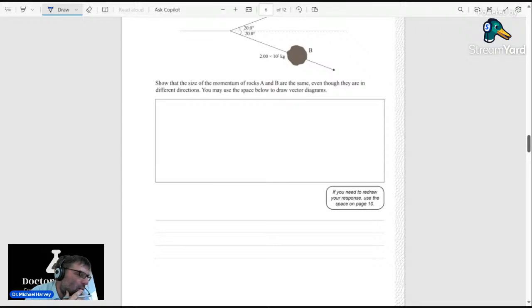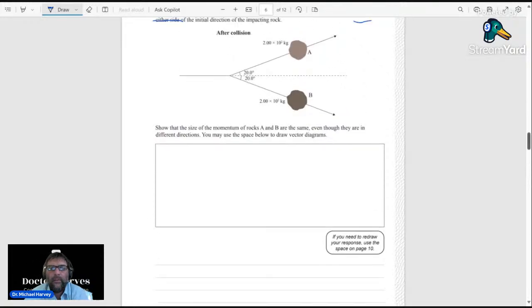I guess I could do an algebraic proof. Since the initial total momentum is horizontal, there are 2 ways you could do it. You could either use a triangle, or you could do it using algebraic proof. So let's do it with the algebraic proof.